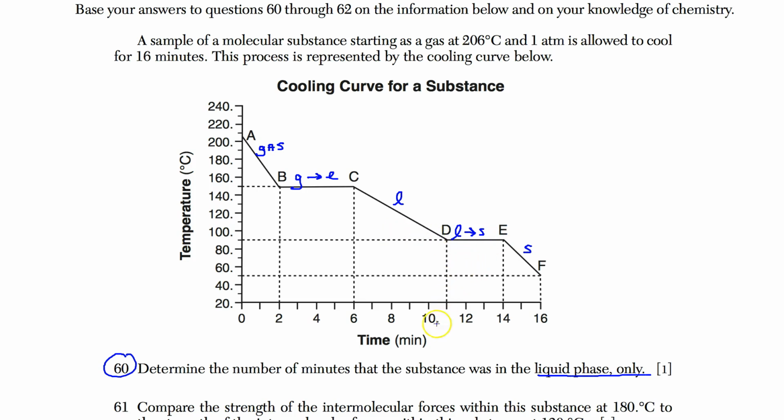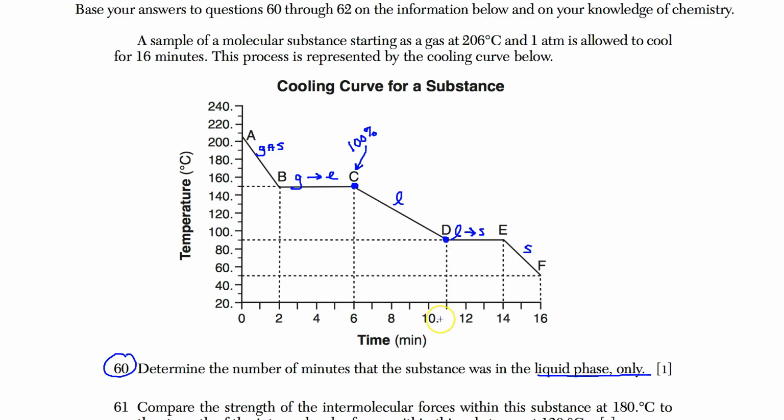So the number of minutes that the substance was in the liquid phase is from this point where it's 100% liquid for the first time, right at C. So it's 100% liquid where it first is, and then it goes to D, and D is where it first starts to freeze.